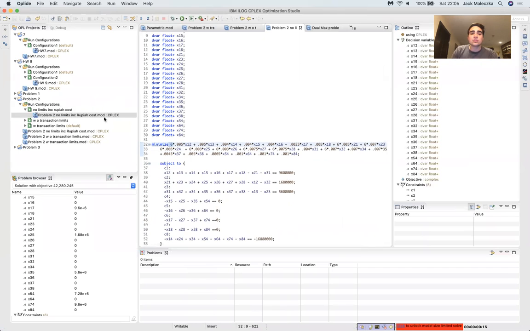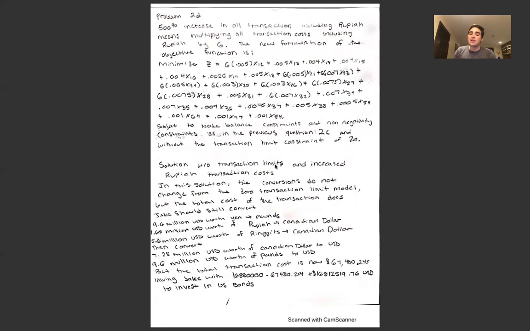Now, this solution is not going to have any different flows from the solution without transaction limits. The reason for this is that there is no more optimal way to send the money. All you're going to have is a difference in the total amount of transaction cost. It's going to be 6 times more when dealing with the rupiah, right?